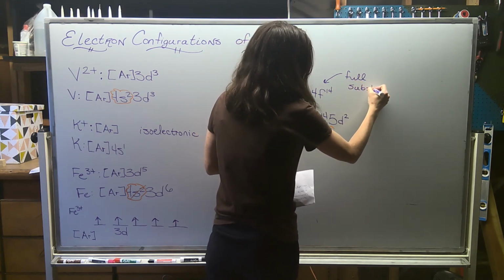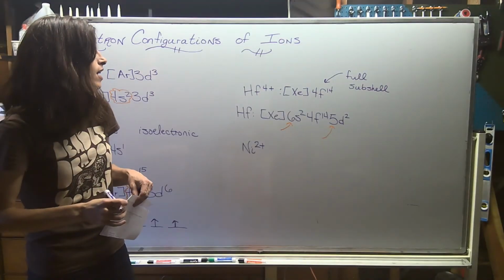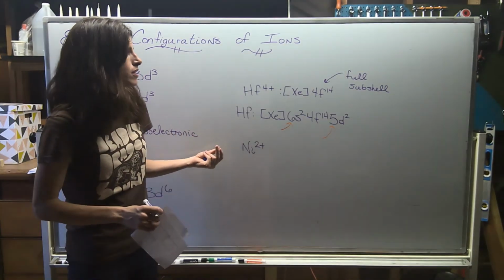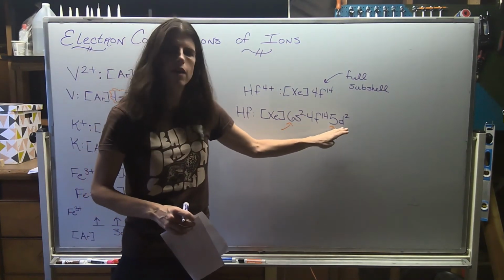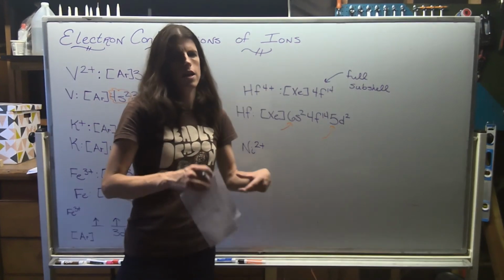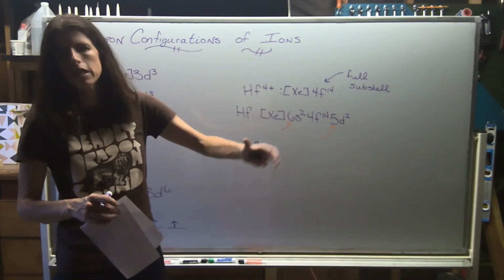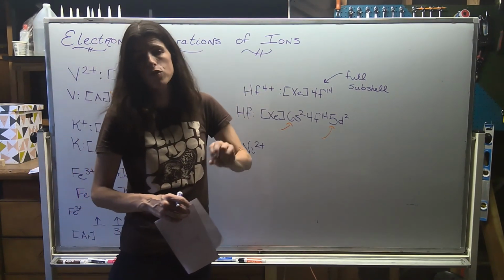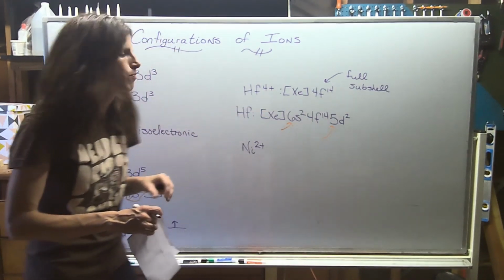There's a bunch of different ions that transition metals can form, and maybe hafnium 2+ is a possibility. But if you have a 2+, then you still have this 5d2 hanging about, and it's just kind of messy and unstable. Not completely unstable, but it's more stable to get rid of it and have a full subshell.